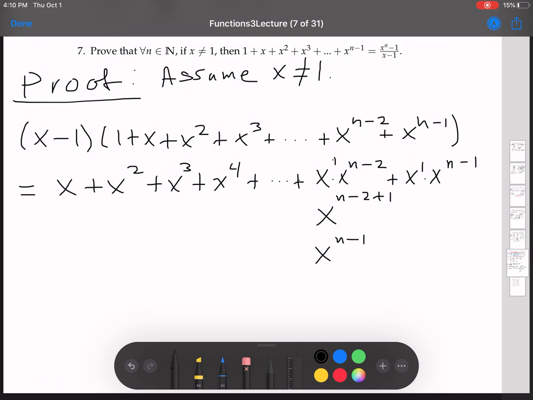And for this one, same base, you add the exponents: 1 plus n minus 1, or n minus 1 plus 1, and you get x to the n.